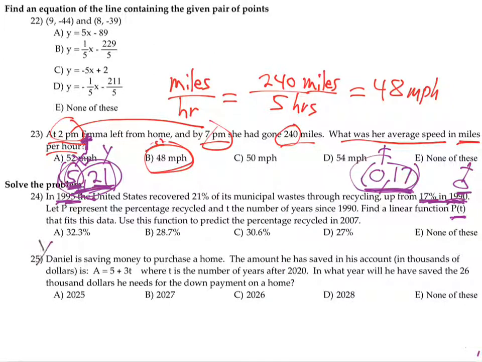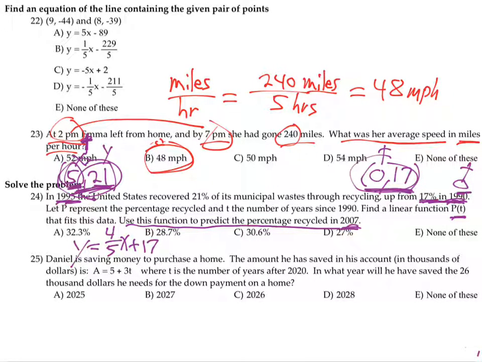So we have y equals 4/5 x plus 17. All right, and we're going to plug in 2007. You see, they're saying use this function to predict the percentage recycled in 2007.